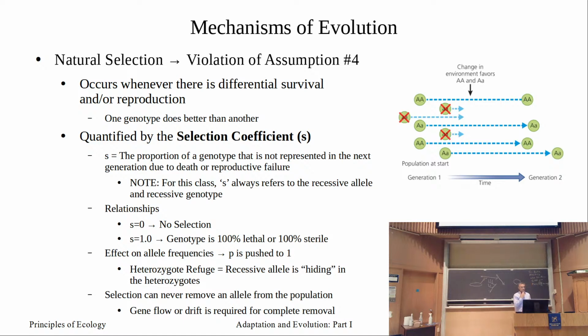We said that differential reproduction is basically non-random mating. So if we don't have differential reproduction, then we have random mating. But we also have the possibility of sexual selection happening, individuals choosing their mate based on certain traits.